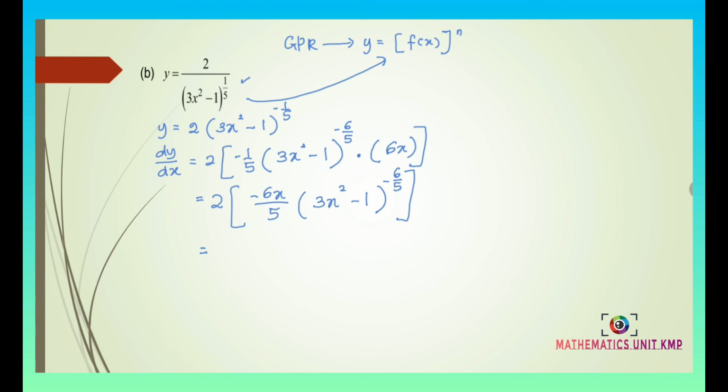We multiply 2 with the negative 6x, and we get negative 12x over 5 times (3x squared minus 1) power 6 over 5. Okay, this is the final answer.